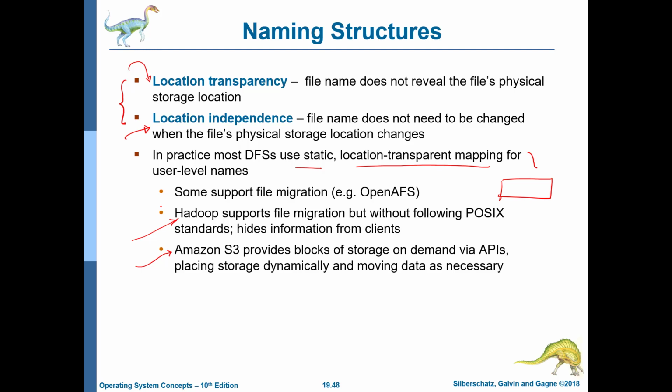So let me go back to the definition once again. Location transparency means that the name of the file does not reveal its physical location. If, let's say, we have the host name in the name of the file, it doesn't remain location transparent. Location independence means that the name of the file doesn't change when the physical location of the file changes.